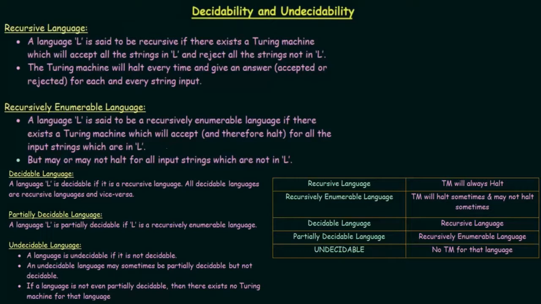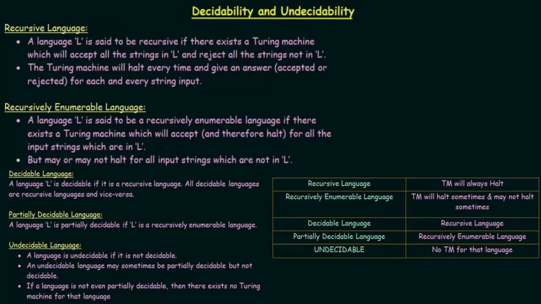That means if it is not accepted, it may go into an infinite loop. A language is said to be recursively enumerable if there exists a Turing machine that will accept all input strings which are in L, where L is the particular language. It will accept and halt, but if it doesn't accept, it may or may not halt for input strings which are not in L.